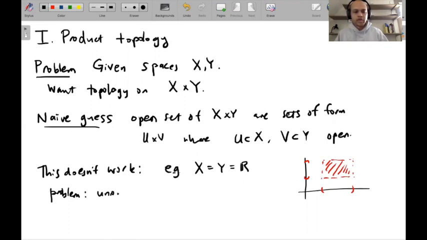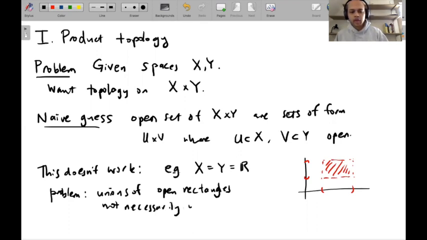So unions of open rectangles are not necessarily open rectangles. So here's another open rectangle, but the union of these is not an open rectangle. So this definition does not define a topology.